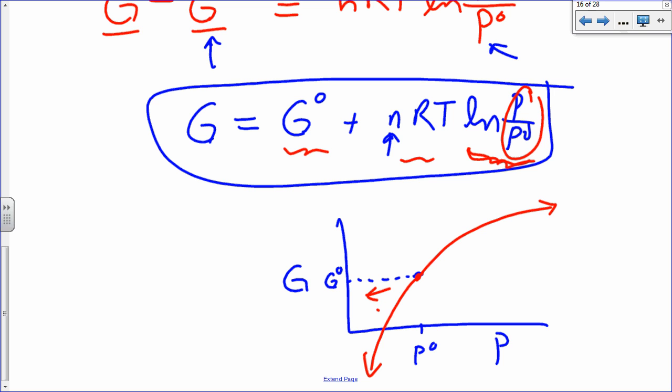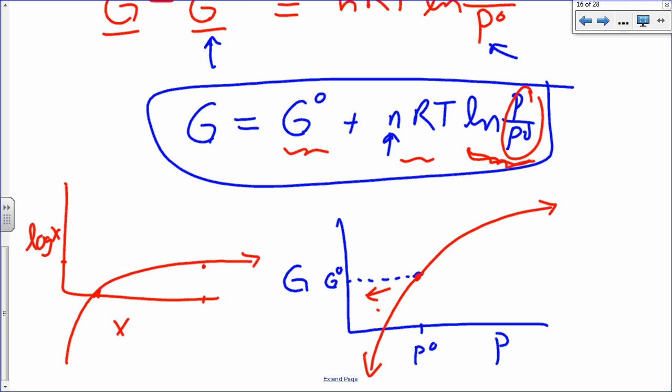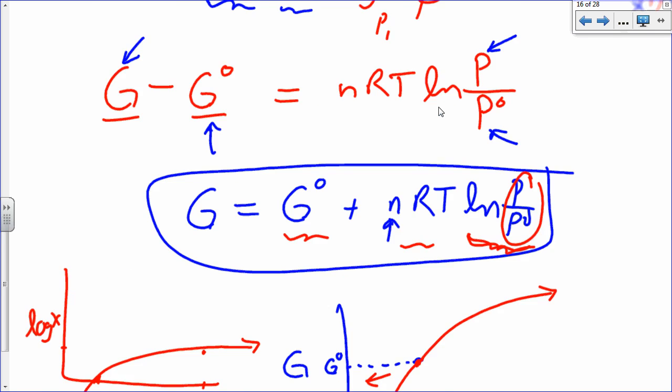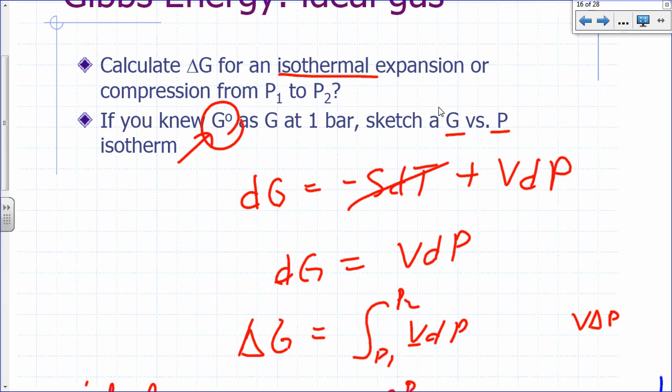So that's how it's going to look. And if you just remember your plots of log of x versus x. If x is 1, log of x is 0. If x is 10, then log of x is 1. If x is 100, so you can see your graph looks like that.